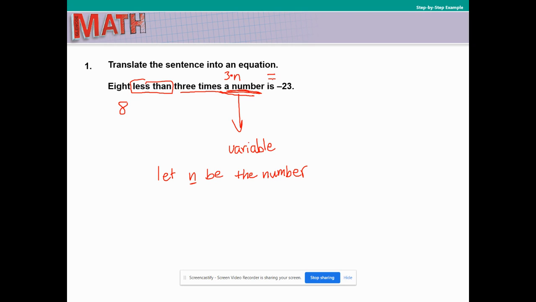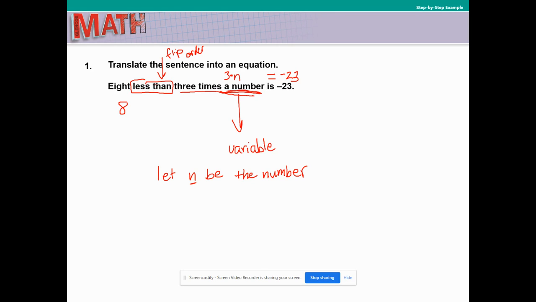Is always going to be our equal sign, and then negative 23 is our last part, and that's just the same number. Now, how do we do less than? Than is the tricky word. Than is always going to mean to flip the order. Okay. 8 less than, because if you were 8 less than your brother's age, you would take your brother's age and subtract 8, right?